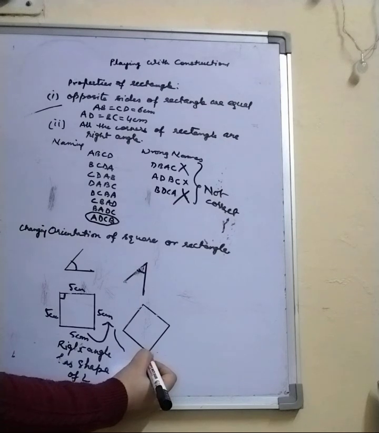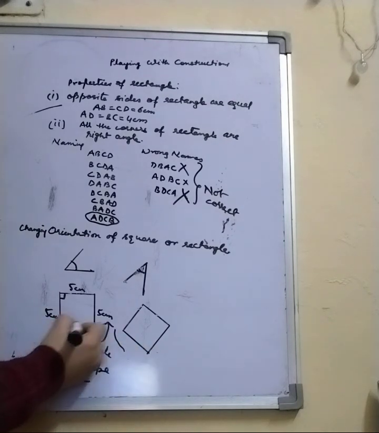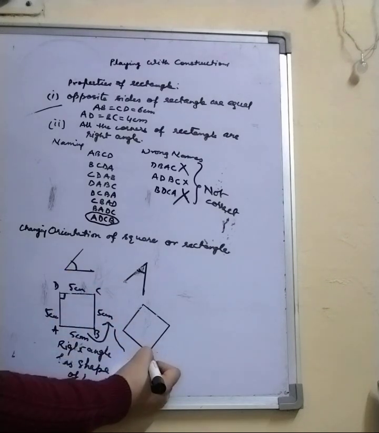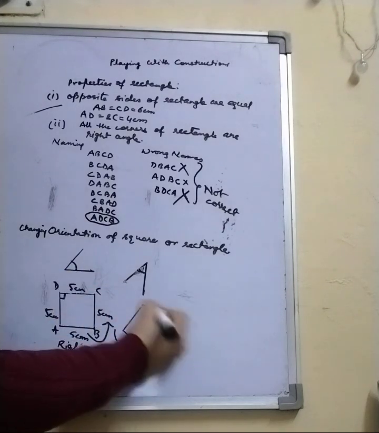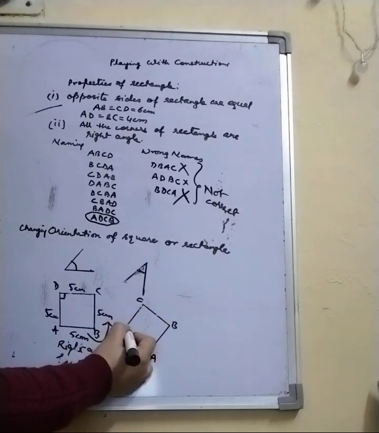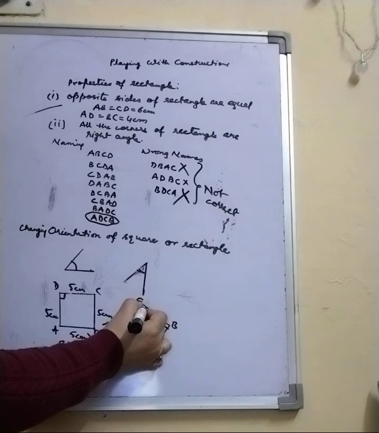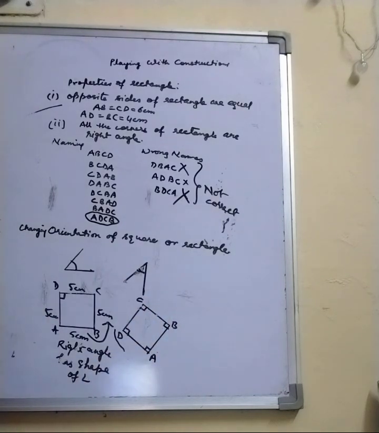So my corners A, B, C, D, if I take, so this is A, this is B, this is C, and this is D. So rotation of square does not change anything, does not change the measurement.